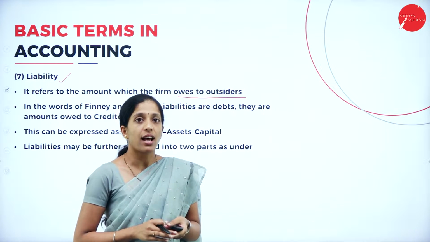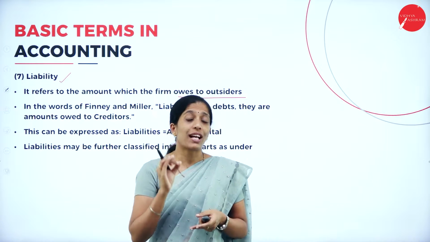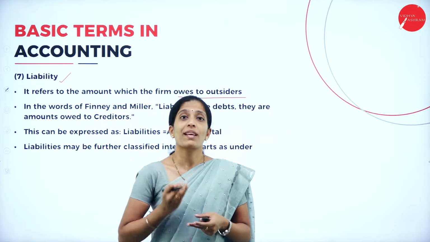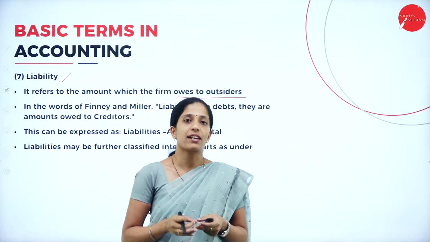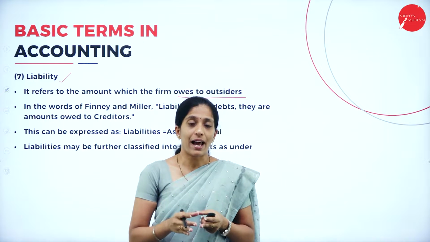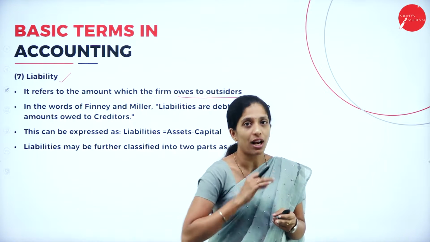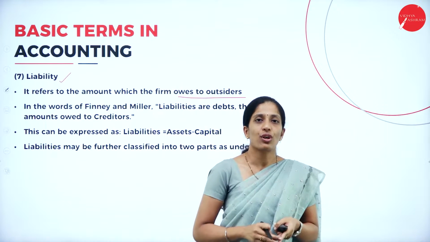There may be chances where it has to borrow from the outsiders. That borrowed amount which has to be returned back to the outsiders is known as what? Liability. So liability in the sense the amount that has to be paid to the outsiders.